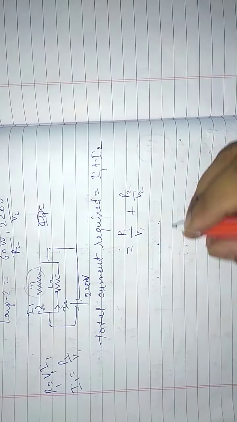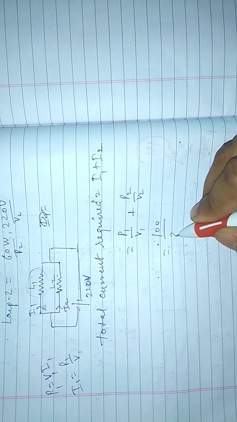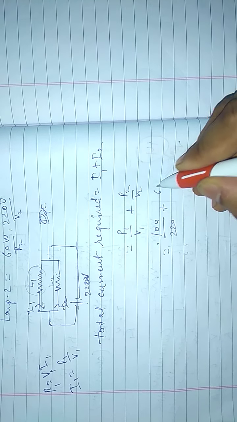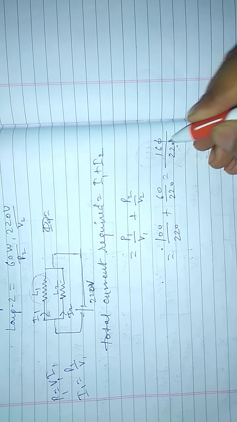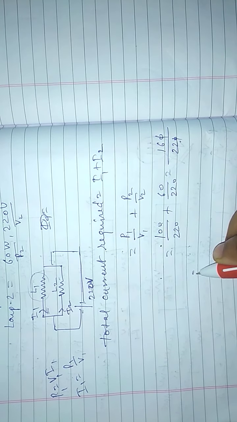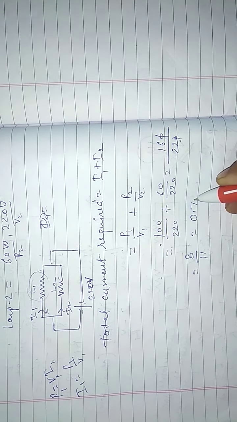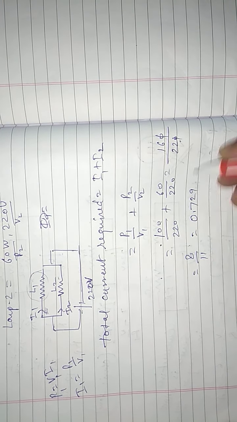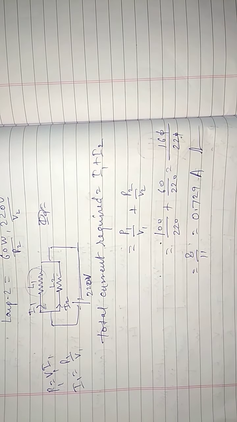Answer will be equal to 100 upon 220 plus 60 upon 220. 220 is the LCM and 160. This is 8 upon 11. You can calculate, it is about 0.729 ampere. Okay, this is the answer.